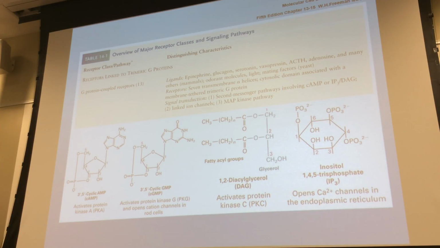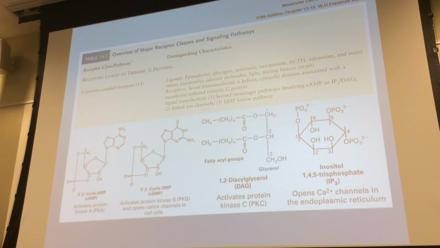So we're calling this second messenger systems because the receptors themselves are on the plasma membrane of the cell. And at that place, they can recognize hormones coming from the bloodstream, or cytokines, or other interacting proteins that may modify the reaction.